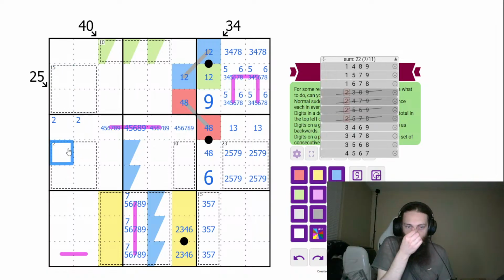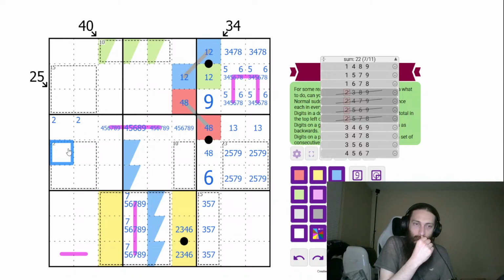This 22 does not have a 2 in it. Well, it's not both 1 and 3.